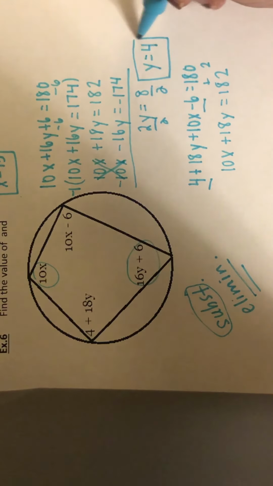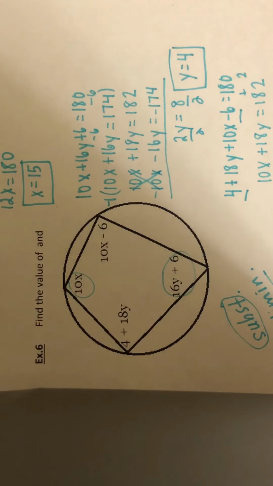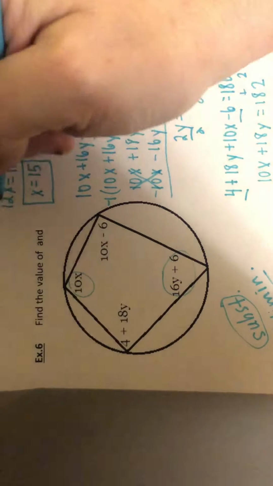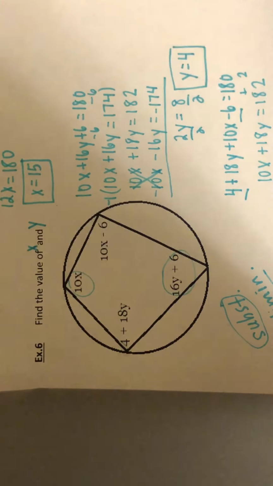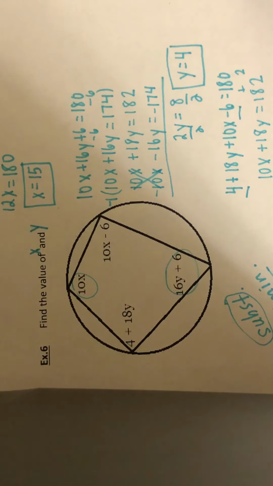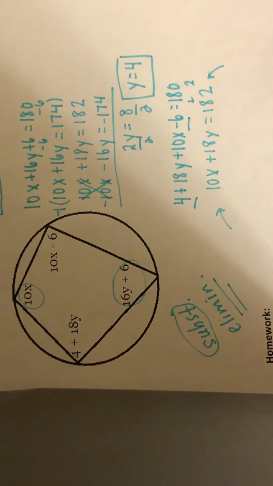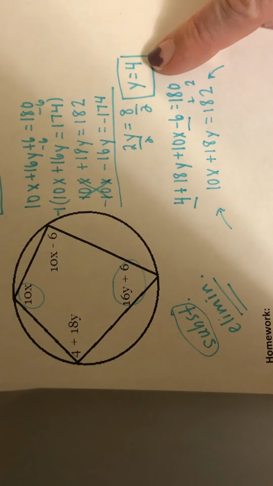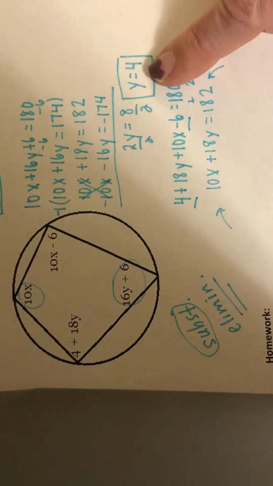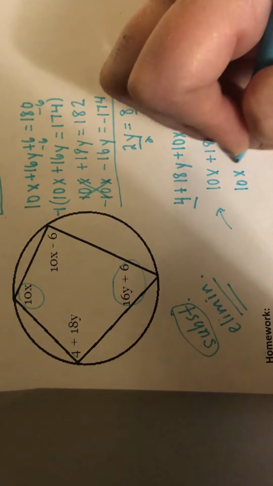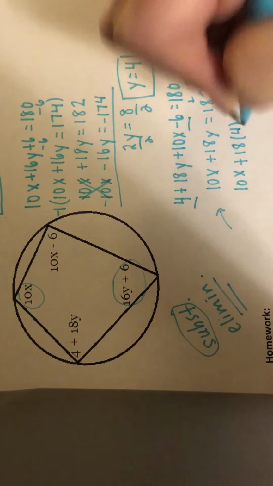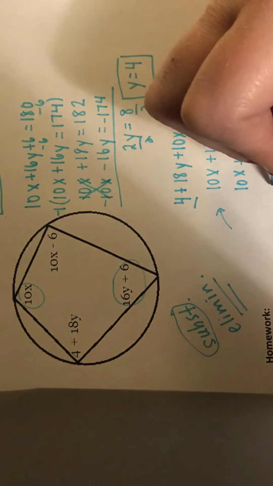Now that's only one part of my answer because we needed to find the value of x and y. So how do we find the value of x? Pick any equation. I think I'll just go right here, it's set up nice and clean for me. And I will plug in y is 4 into here. So 10x plus 18 times 4 equals 182.